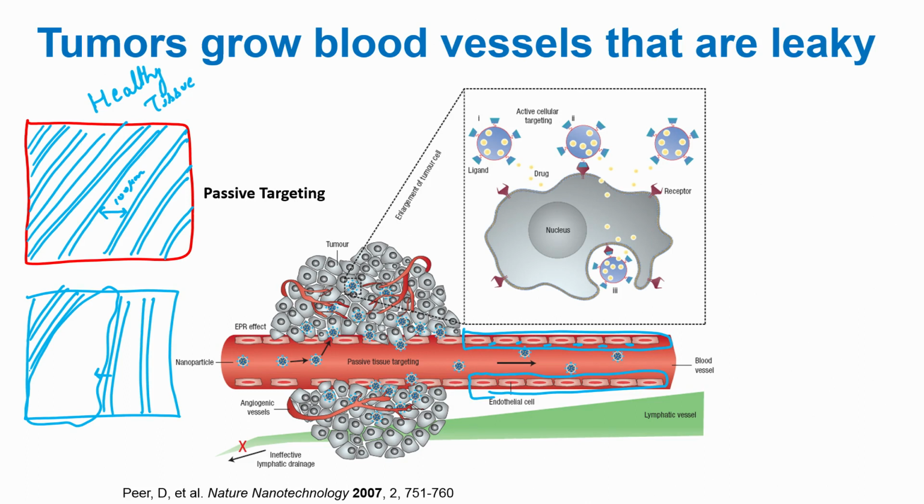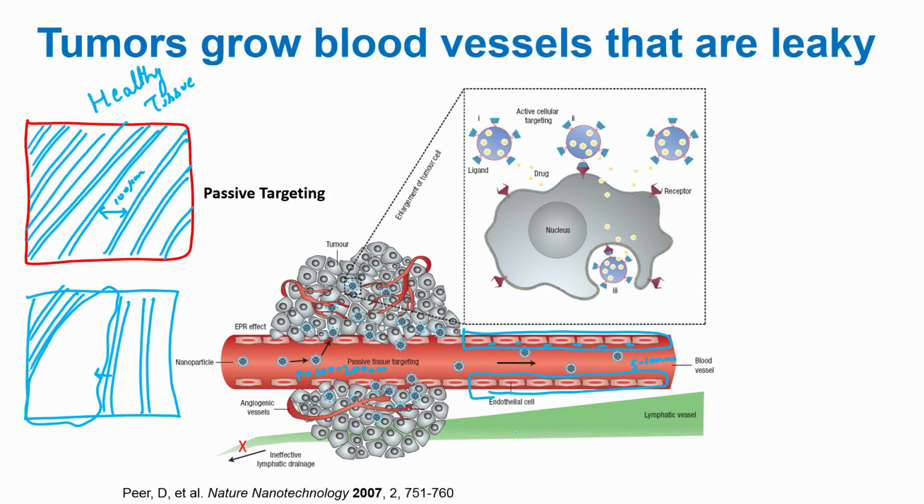However, when you look at the tumor blood vessels, these are fairly immature and fairly leaky. You can find gaps here which are 100 to 200 nanometers big, whereas in healthy tissue the gaps are only about 5 to 10 nanometers.